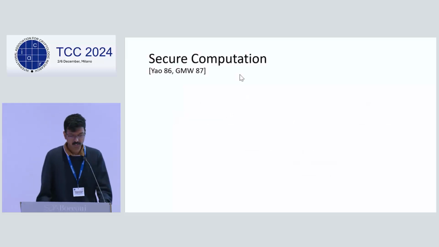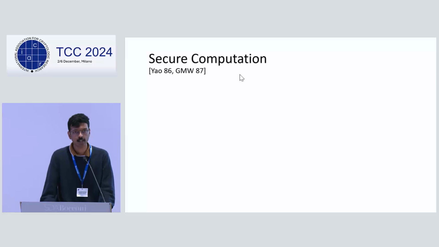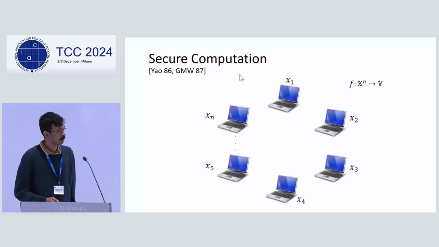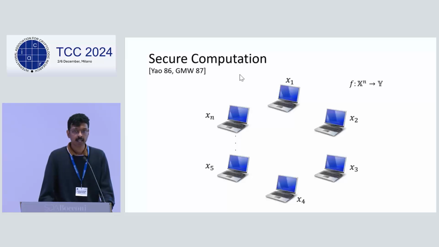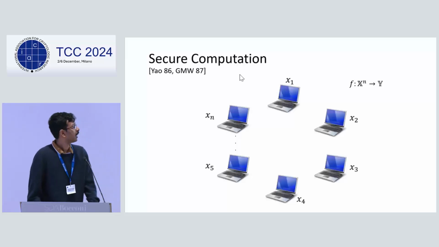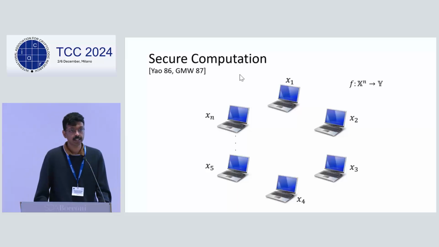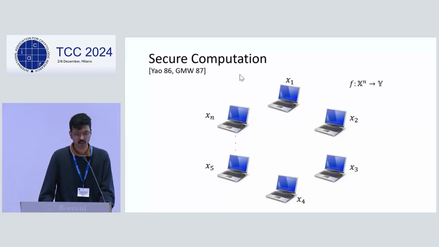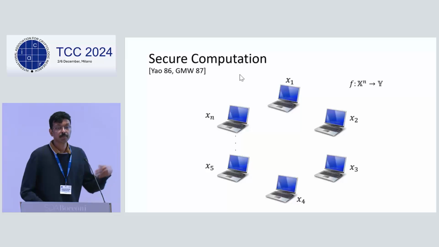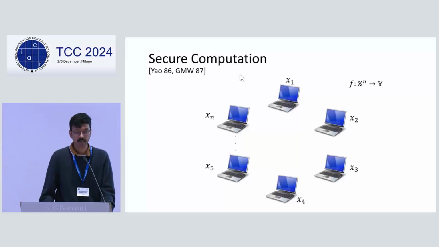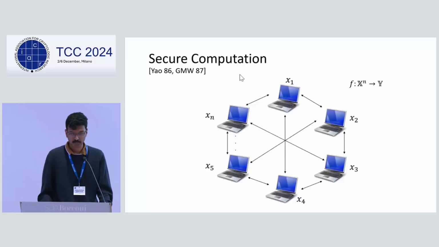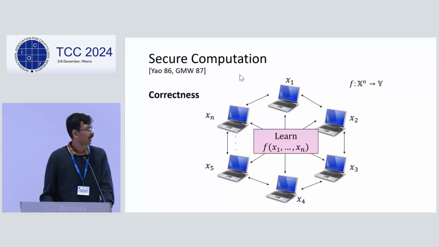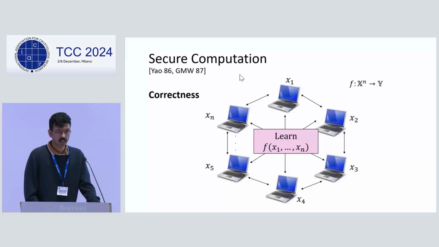Okay, so let me start by quickly recalling the notion of secure computation. In this setting, we have several parties, and each party has its own private input. The parties also have a description of some function f as common input, and they wish to compute the output of this function on their private inputs. So secure computation is a distributed computation protocol that allows the parties to learn the output of this function at the end.